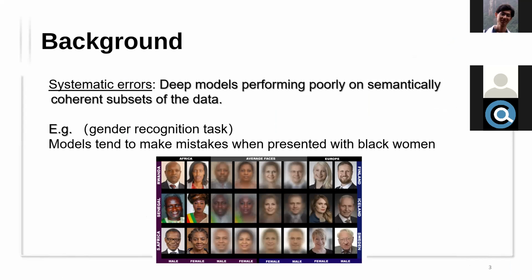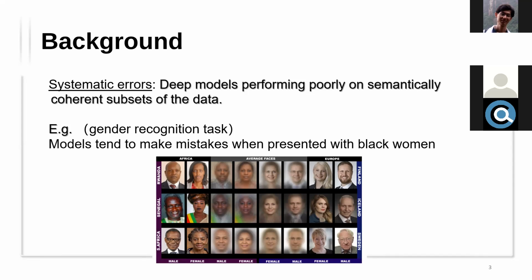So the background of this paper, first we need to introduce the systematic errors. It means the subset of the data that the deep model performs poorly in. Here we have an example. It's a gender recognition task. So when you are given a face of a person, the model is going to predict whether it is a man or woman.